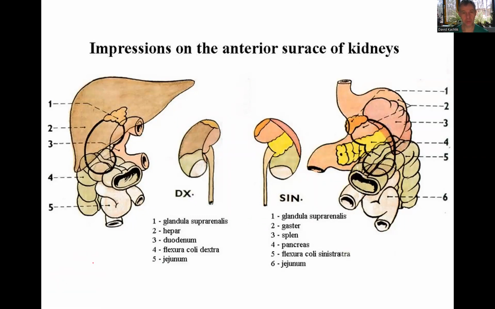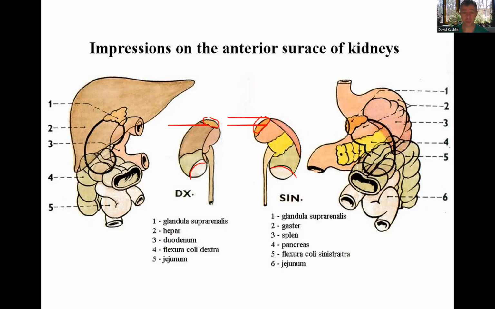So what impressions we can see on the anterior surface? So on both sides we have the suprarenal glands. Yeah, so we have the suprarenal glands impression here. On both sides, on the lower pole, we have the impression of colic flexure. So right colic flexure or hepatic on the right side, left colic flexure or splenic on the left side.